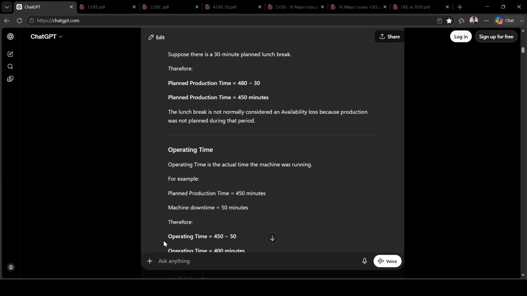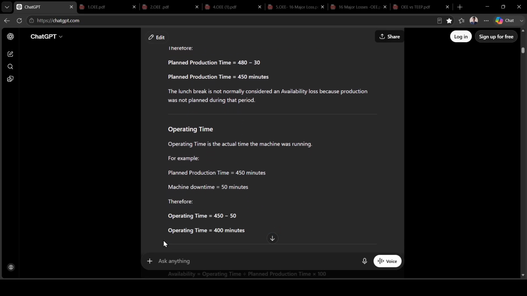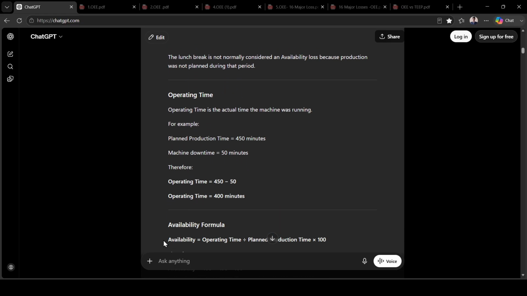Operating time is the actual time the machine was running. For example, planned production is 450 minutes and machine downtime is 50 minutes. Therefore, the operating time is 450 minus 50. Operating time is 400 minutes.